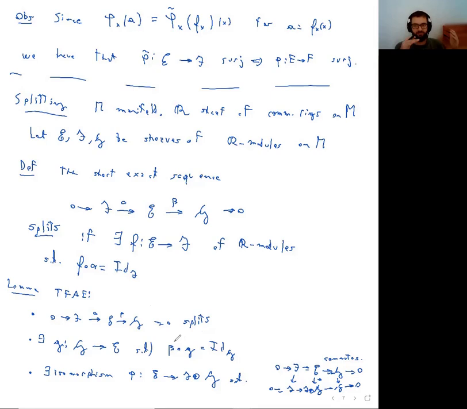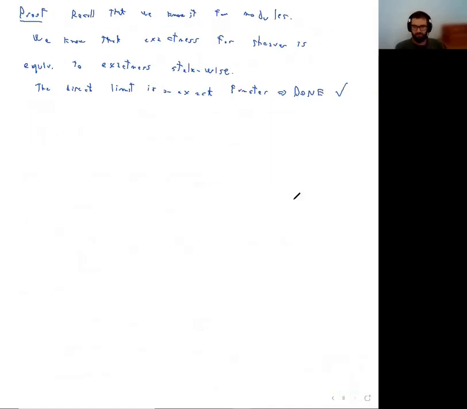But we know that these are all properties of some kind of exactness. So being true stalkwise implies that it was true for the sheaves all along. Maybe for properties 1 and 2, this is not so immediate because we're not really talking about exact sequences, but here we really do have exact sequences. So I think this one is clear. This one maybe is a bit more iffy, but I don't want to spend too much time on this. So just know that it comes from the properties of direct limits and from the fact that we already know this for modules.